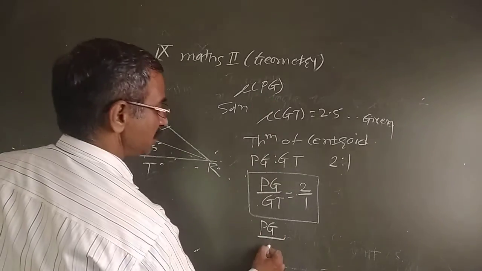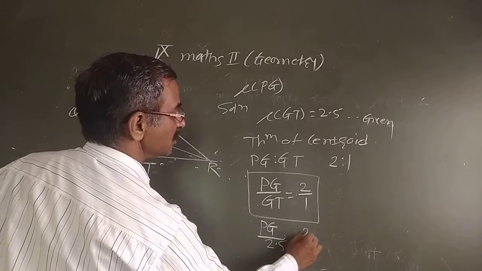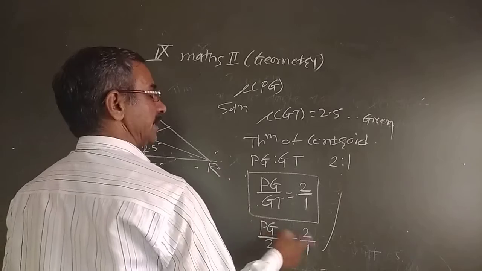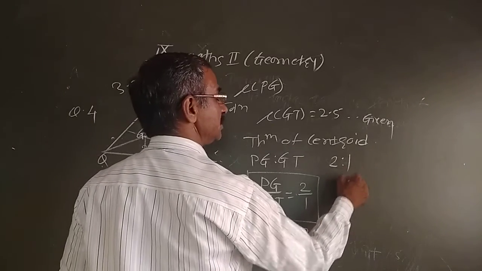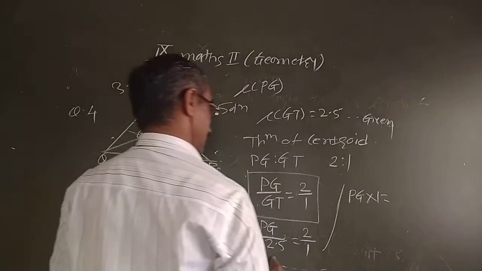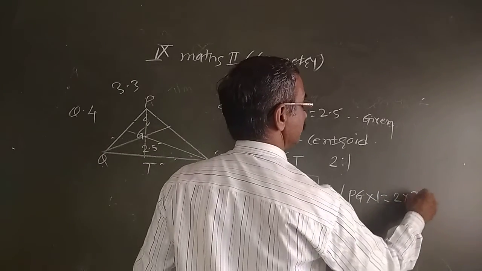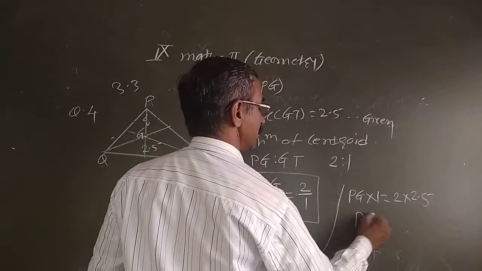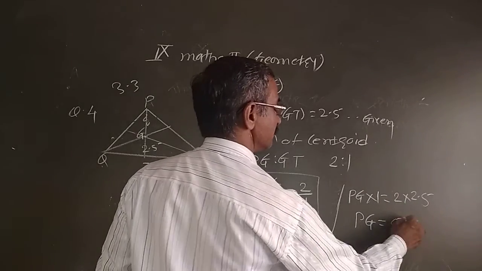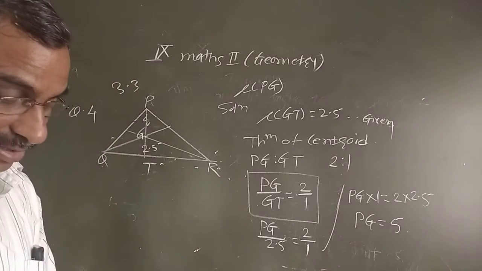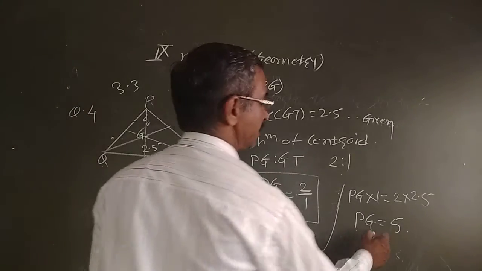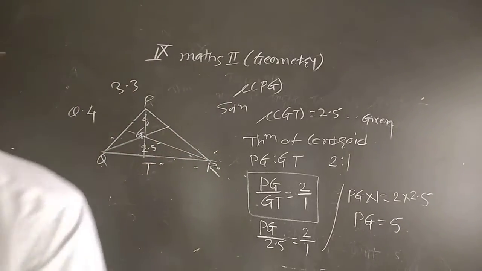Taking cross multiplication, PG into 1 and 2 into 2.5. PG into 1 is PG, and 2.5 twice is 5. So we get the value of PG is equal to 5.